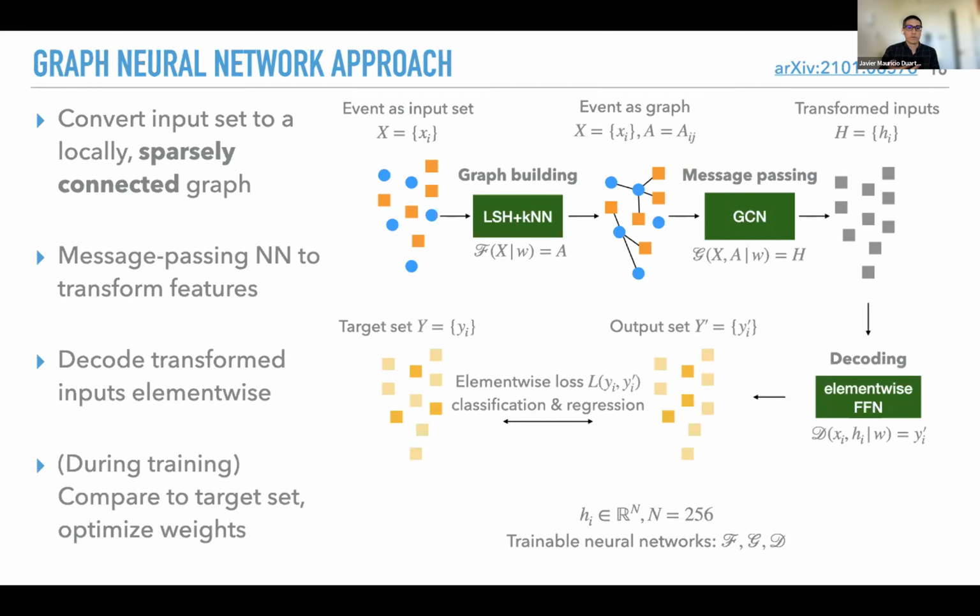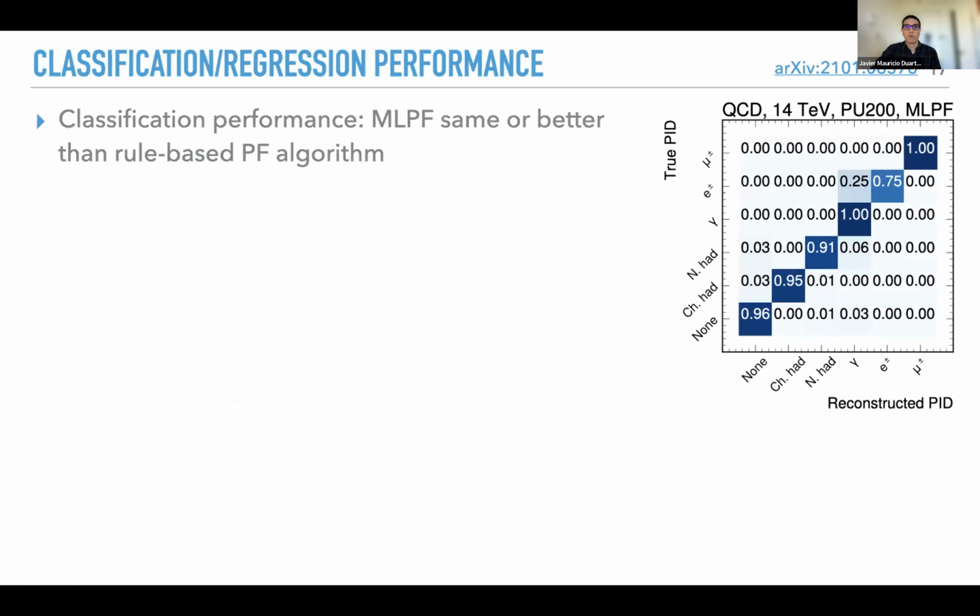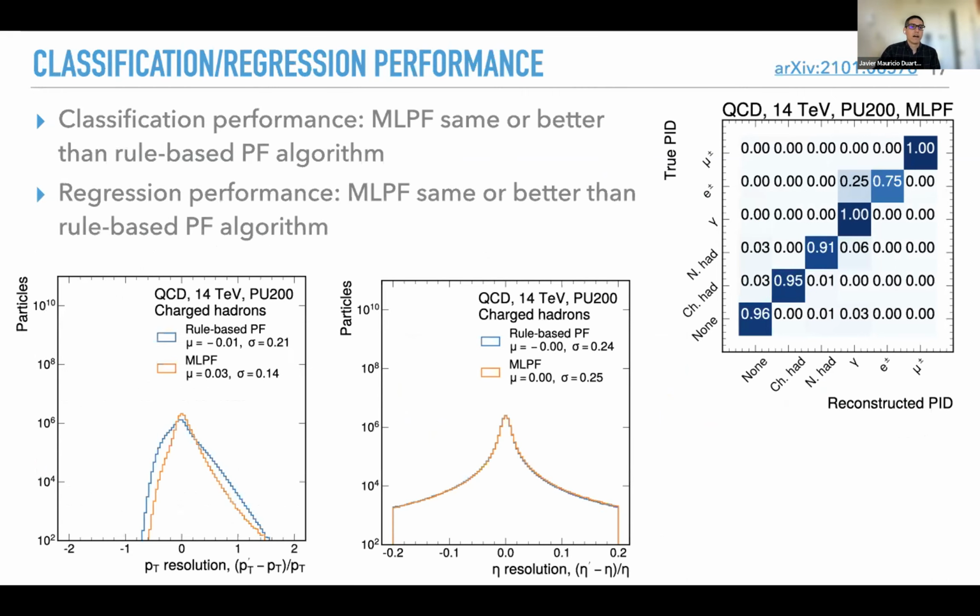Then we compare to the target set and try to optimize this in order to get the correct mapping. And what we find, as shown in this paper, is that the classification performance is the same or better than the rule-based PF algorithm. This is on a study with Delphes, so a simplified scenario. And the regression performance is also the same or better than the rule-based algorithm.